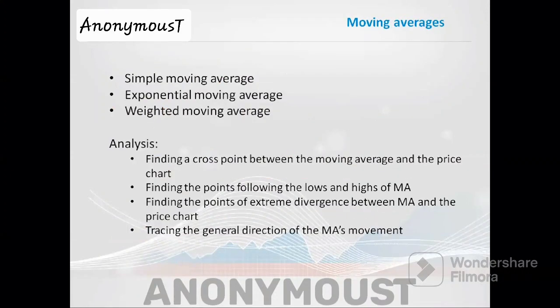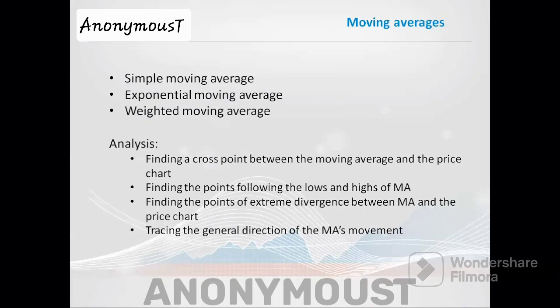There are three kinds of moving averages: the simple moving average, the exponential moving average, and the weighted moving average. Why do we use these moving averages? That is one of the very important points.